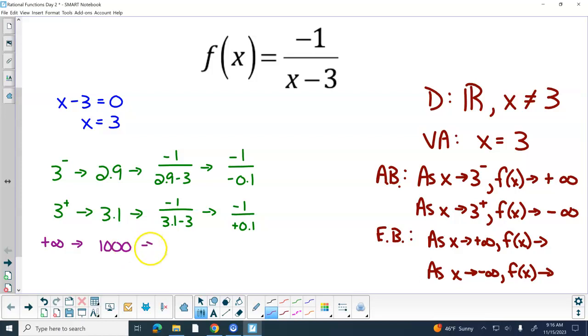So then we'd have negative 1 over 1,000 minus 3. So that's going to be negative 1 over 997. Positive or negative? Negative. So that's going to approach, but it's going to be super duper small, right? That would approach 0 from below.